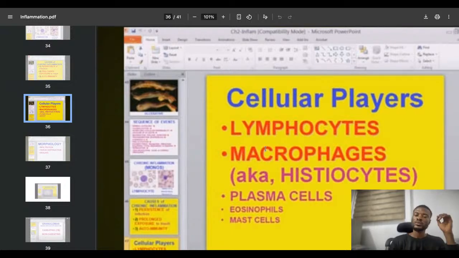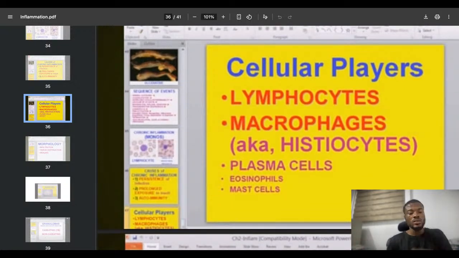Now, there are cellular players in chronic inflammation as well. As I mentioned, we have the lymphocytes and then the histiocyte. Macrophages are monocytes that graduate from the blood circulation into the tissue spaces, and they are now called macrophages or histiocytes because now they are living amongst the tissues.